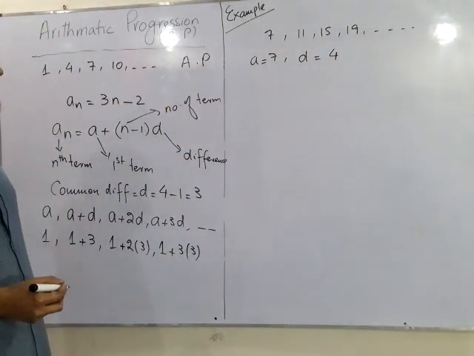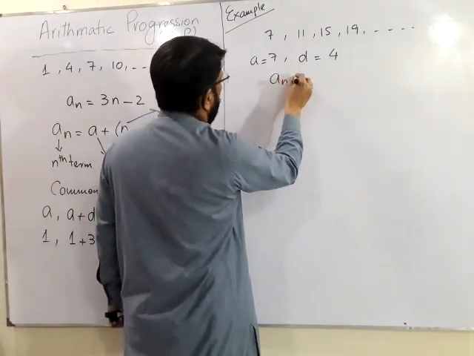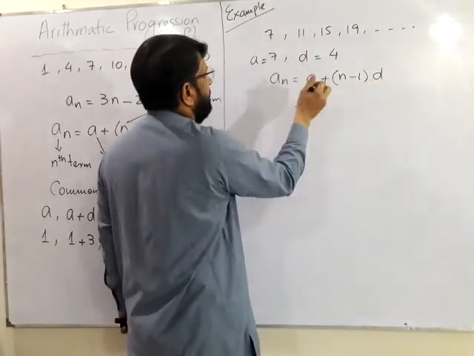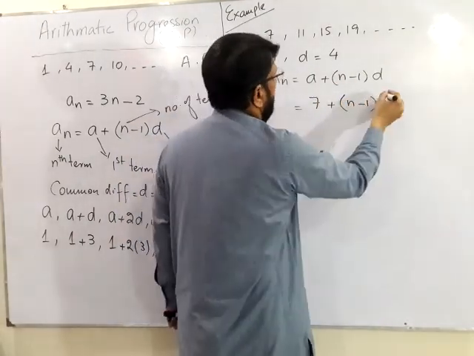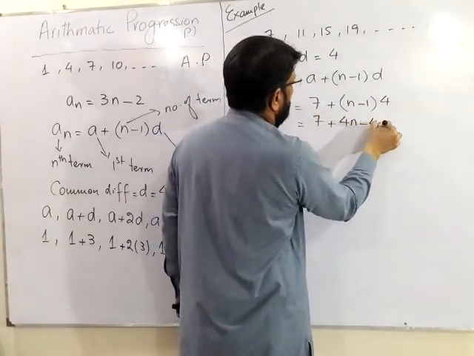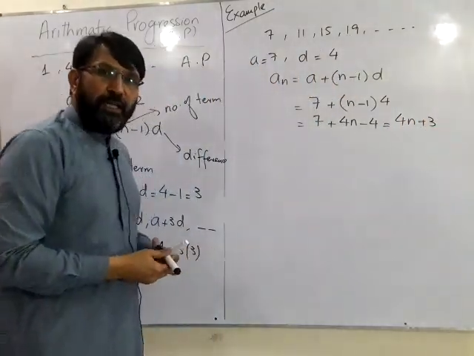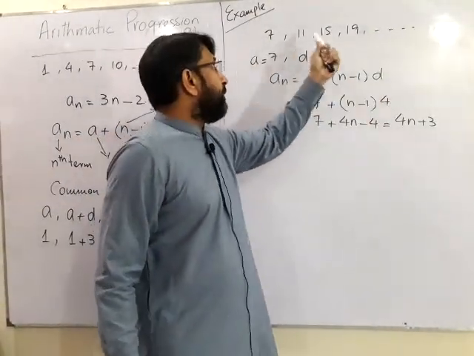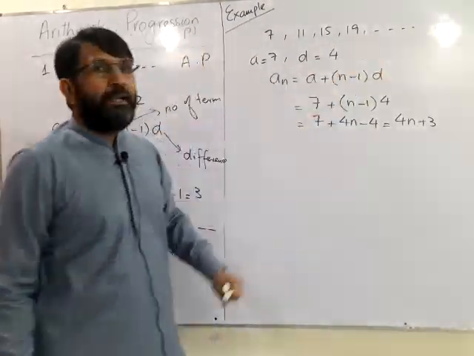If we are asked to write the general rule for this sequence, you can use this formula: an equals a plus n minus 1 into d. a is 7, n is the nth term, and d is 4. So 7 plus 4n minus 4, so we can say this is 4n plus 3. We can check that this is applicable. 4 1s are 4 plus 3 is 7. 4 2s are 8 plus 3 is 11. 4 3s are 12 plus 3 is 15. 4 4s are 16 plus 3 is 19.